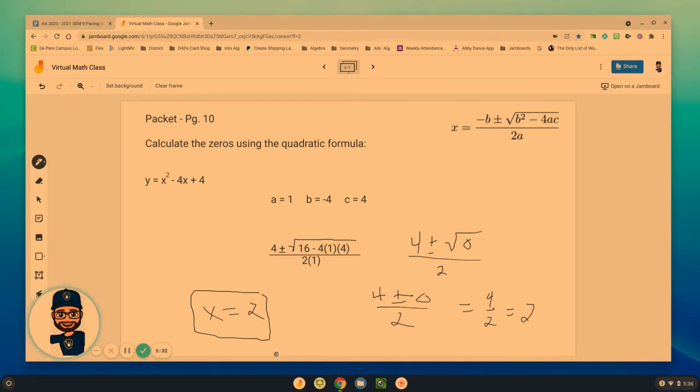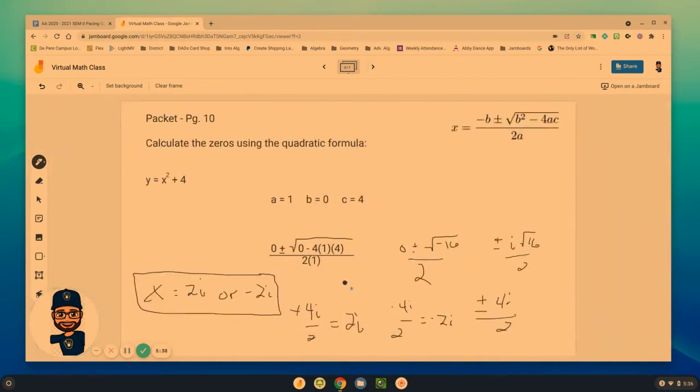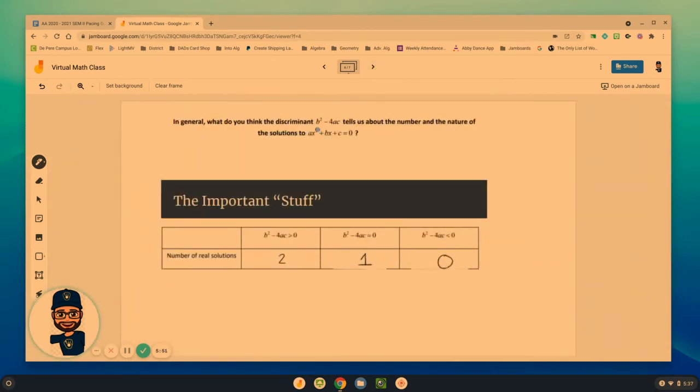When we had the square root of 0, we got just one single real answer. The last one, we had 0 plus or minus the square root of a negative 16, which gave us 2 imaginary numbers. This pattern of looking underneath the square root is actually called the discriminant.